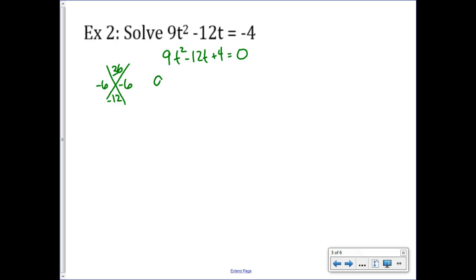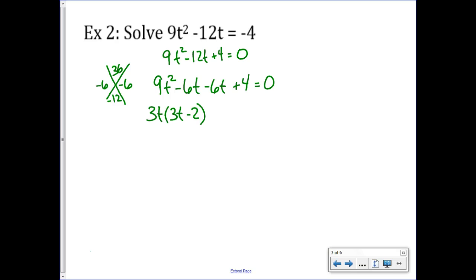So then I have 9t squared minus 6t minus another 6t plus 4 equals 0. So then, looking at the first two, what can I take out? It looks like both of them have a 3t in common. So then I have 3t minus 2.